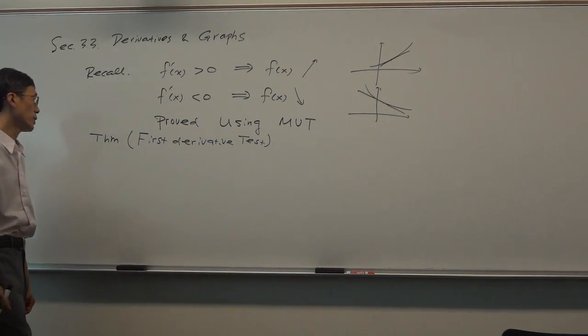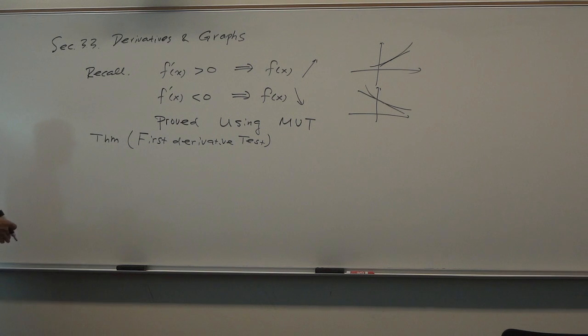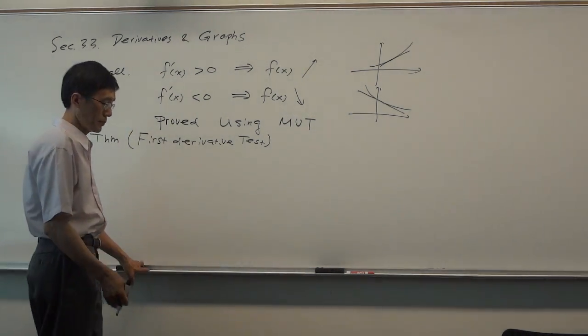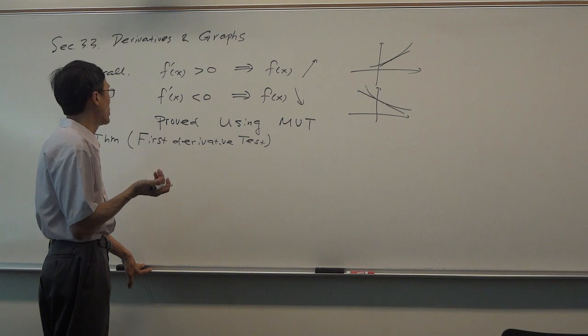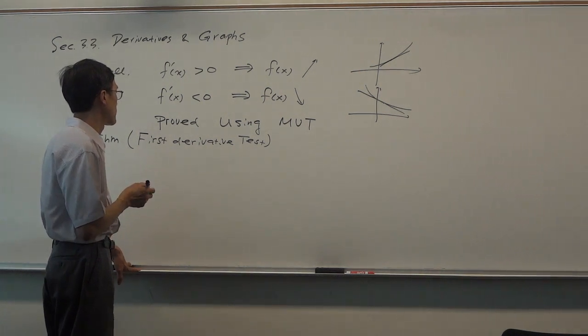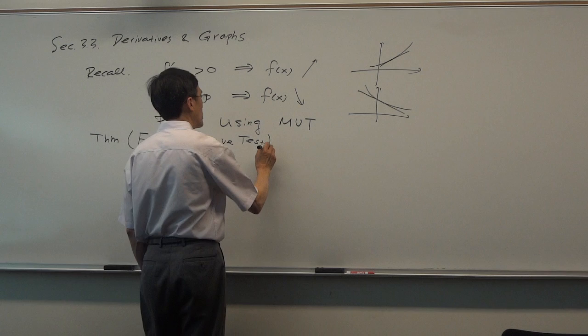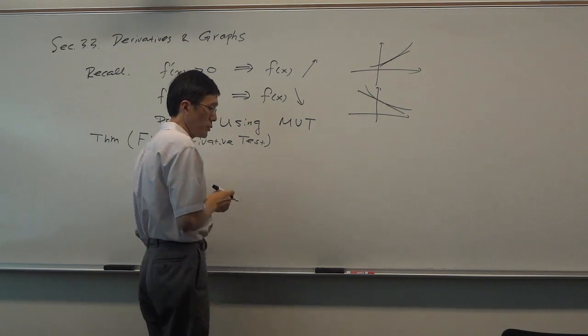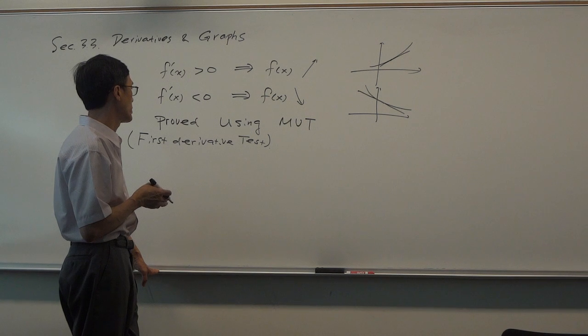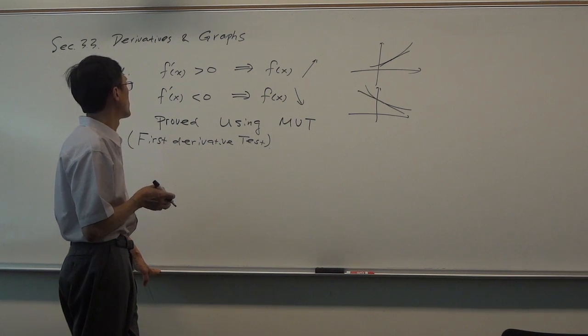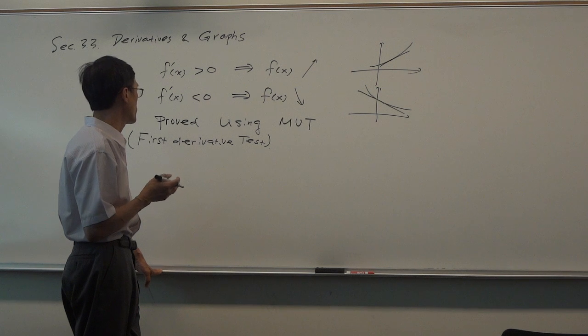We would like to be able to tell whether something is a local minimum or local maximum. So first of all, assuming f is a nice function, it's continuous near x0, and then it has derivatives nearby.